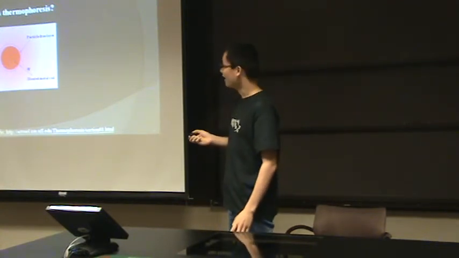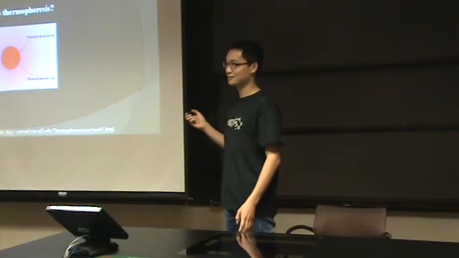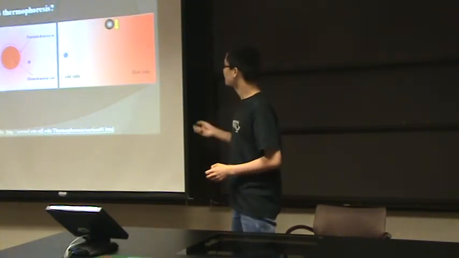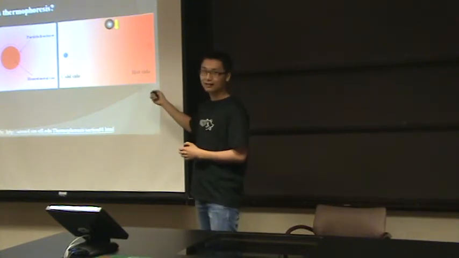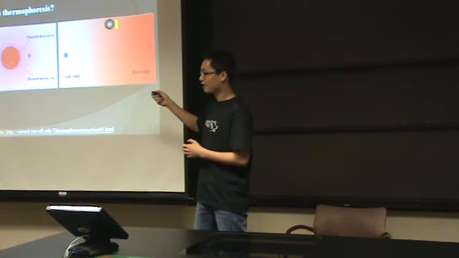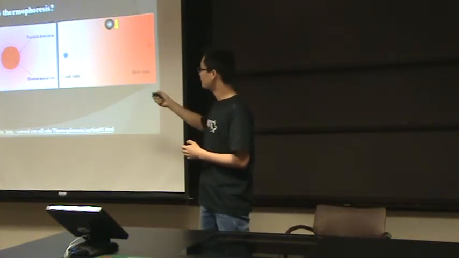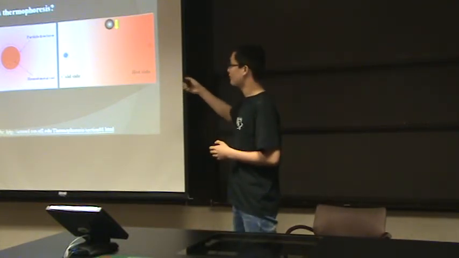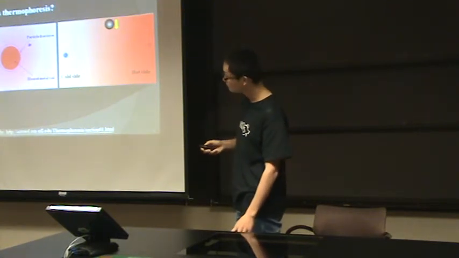Okay. I want to use another animation to explain this phenomenon. Yes, you're right. Suppose this is the hot side, and this is the cool side, and these are the air molecules. The blue one is an air molecule from the cool side, and this one is from the hot side, and there's a particle entering in this direction.